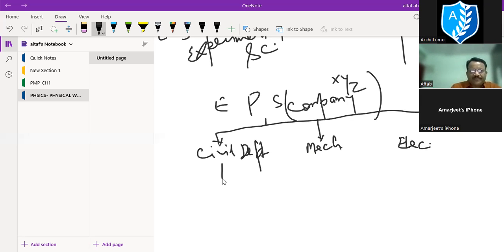Under civil, maybe the business of this company is in the field of infrastructure, in the field of buildings.